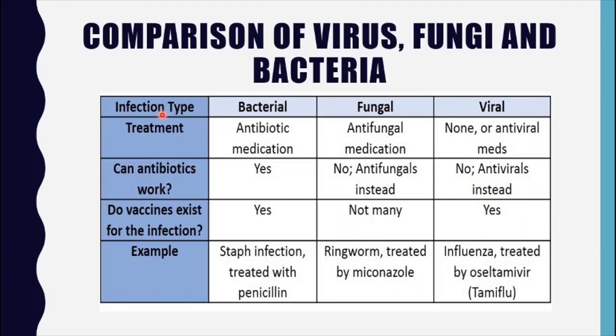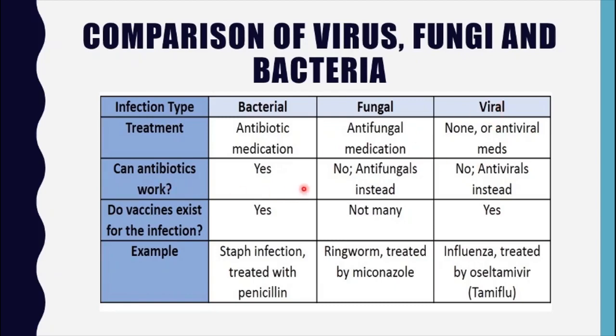In comparing the virus to other infections, such as bacterial and fungal infections, they are different in terms of treatment. Bacterial infection uses antibiotic medication, antifungal for fungal infection, and antiviral or sometimes none for viral infection.